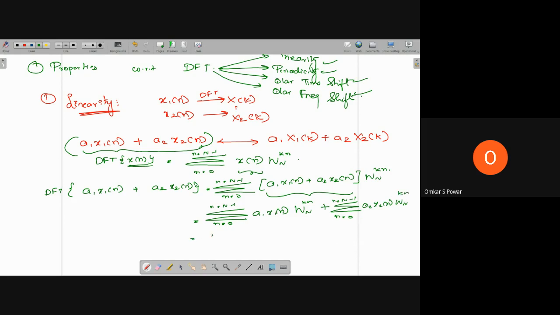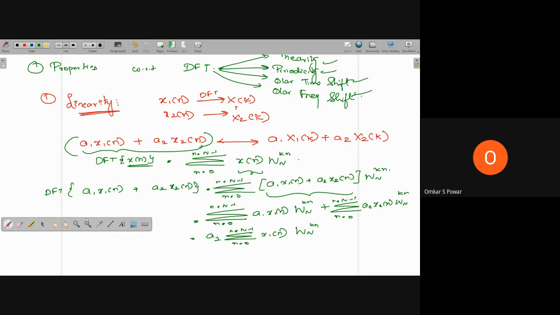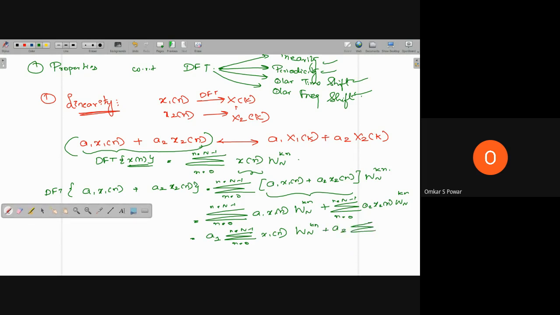Now take a1 and a2 outside. So a1 summation n varies from 0 to n minus 1 x1 of n and omega n of kn. Similarly, here a2 summation n varies from 0 to n minus 1 x2 of n omega n of kn.